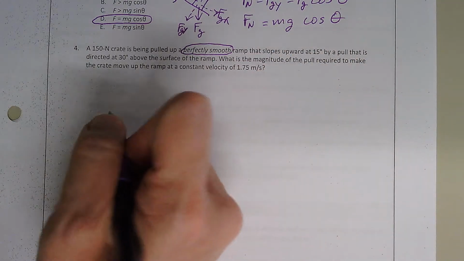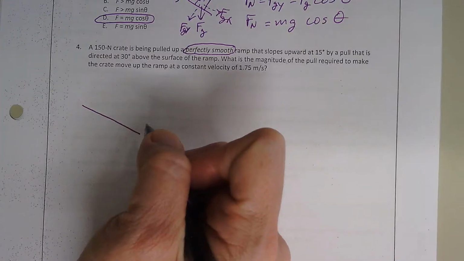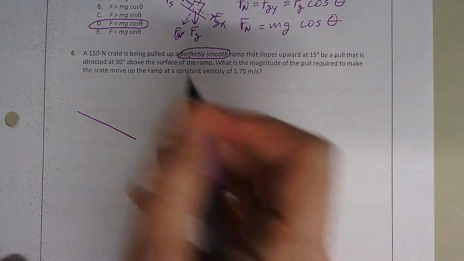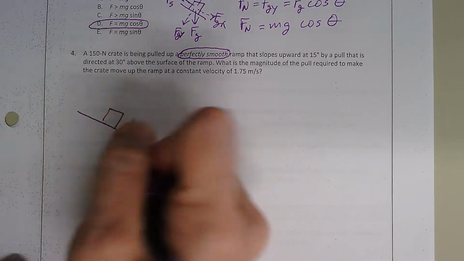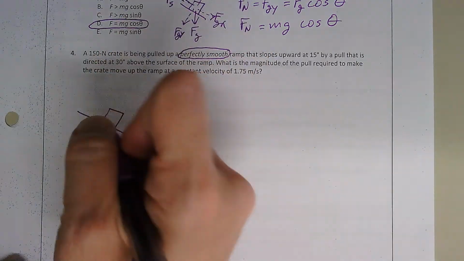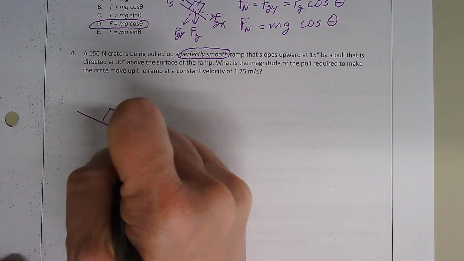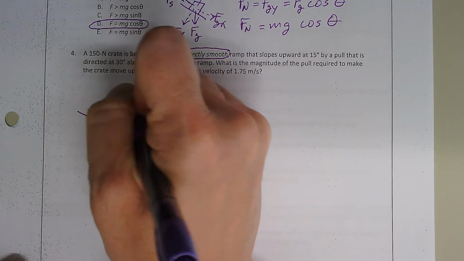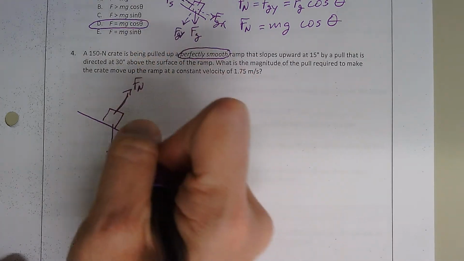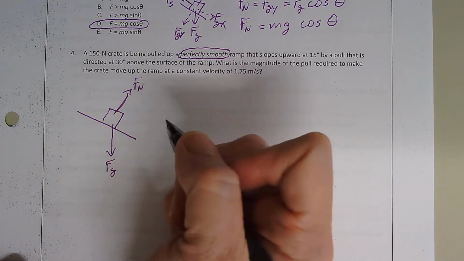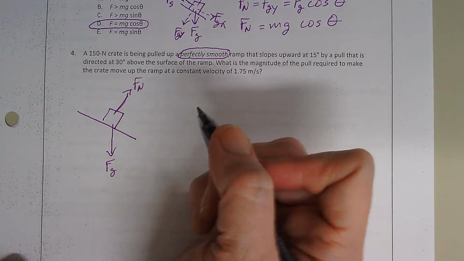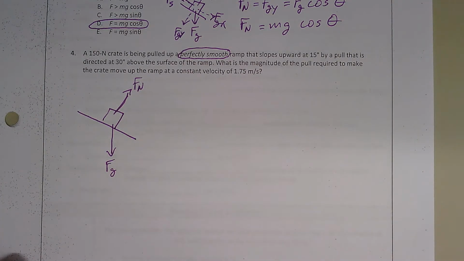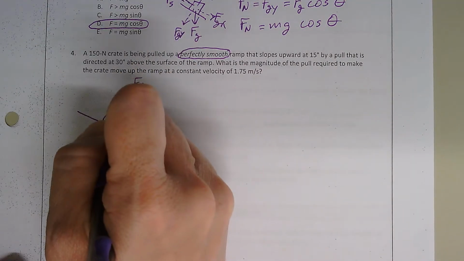So here's my ramp. Here's my thing that's on it. So I've got some Fg, I've got some F normal. That's ugly, sorry. It's a perfectly smooth surface, so there's no friction. So I'm going to break up my Fg into components.